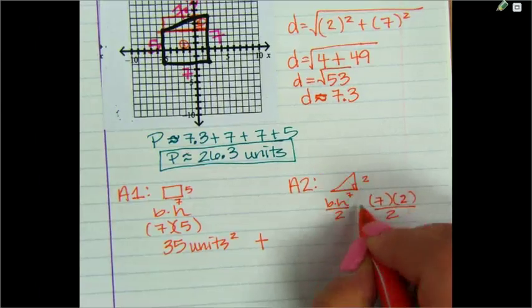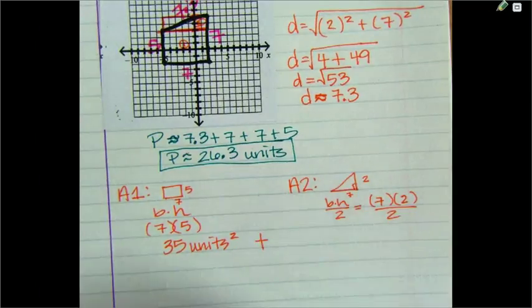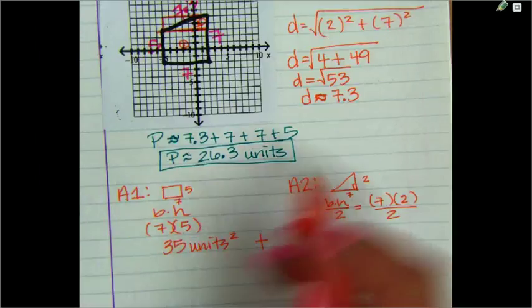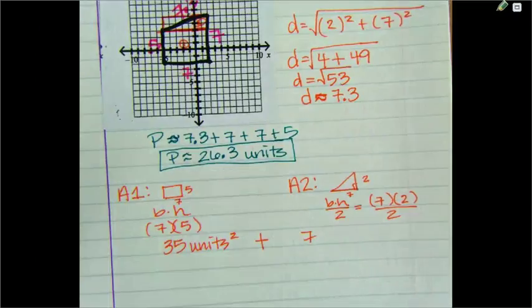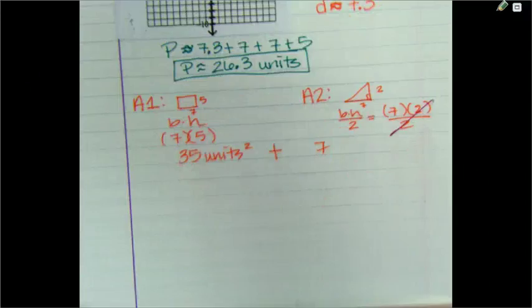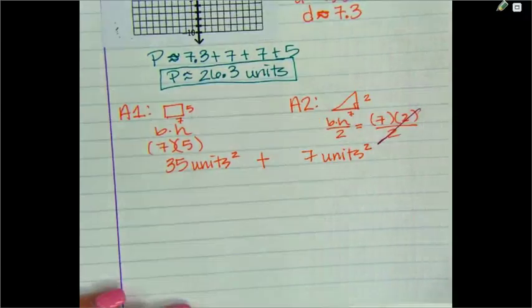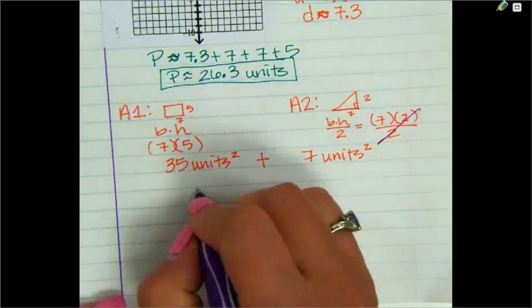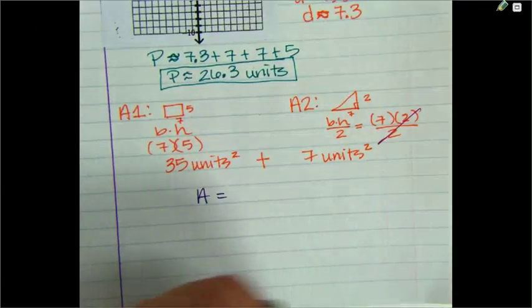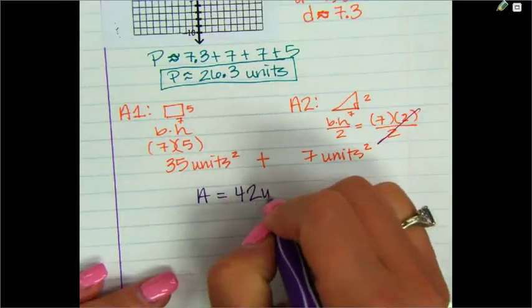And you're going to divide that by 2. So what do you get? 7. 7. Ladies and gentlemen, this should just cancel. You should just have 7. All right, 7 what? Unit squared. What do you do with these two? Add them so we get area equals? 42 units. Good.